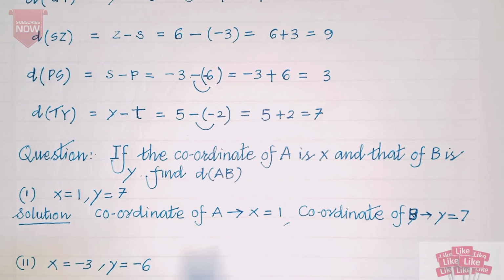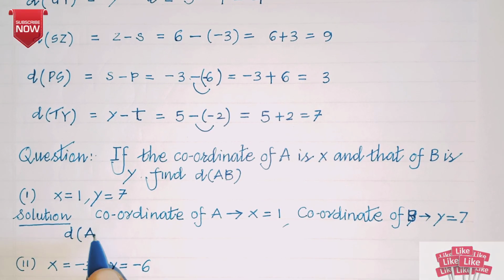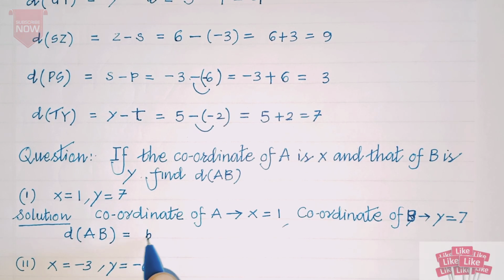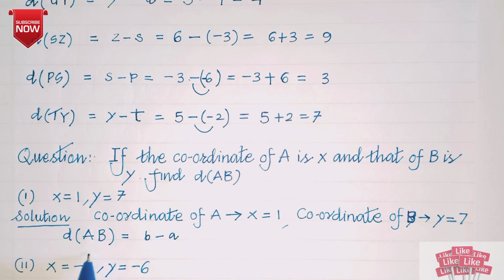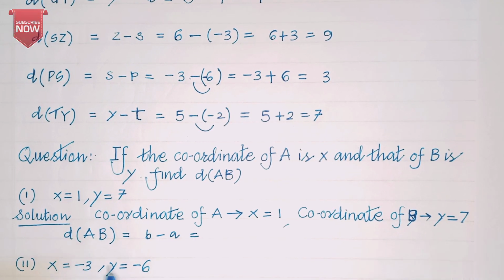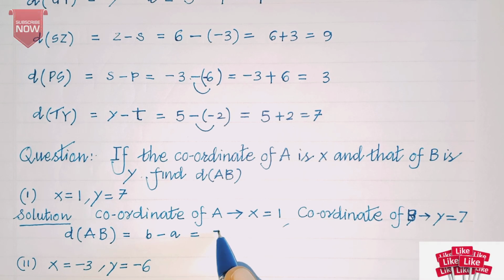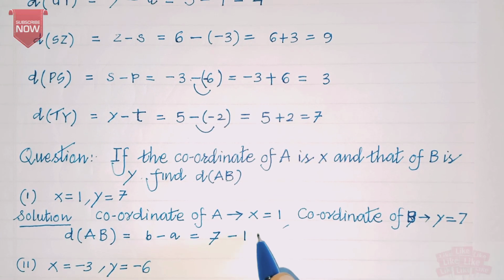So A and B, we are going to find out the distance AB. How? Coordinate of B minus coordinate of A. So it will be 7 minus 1.